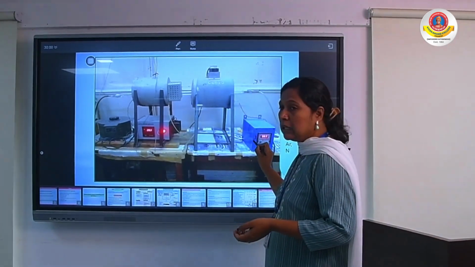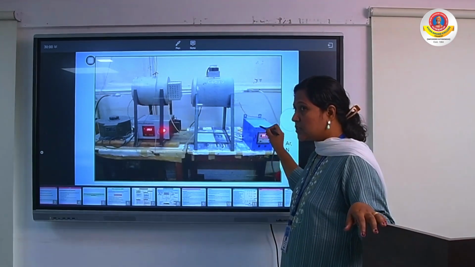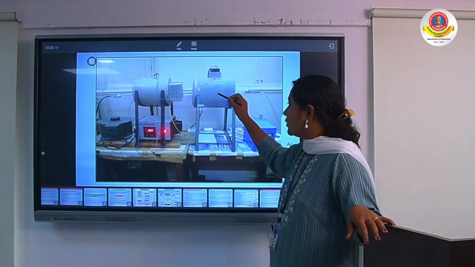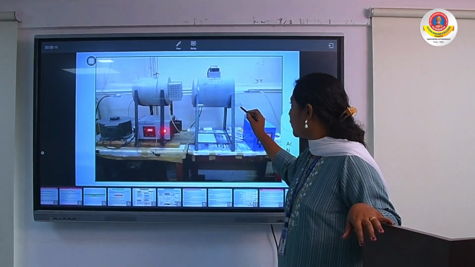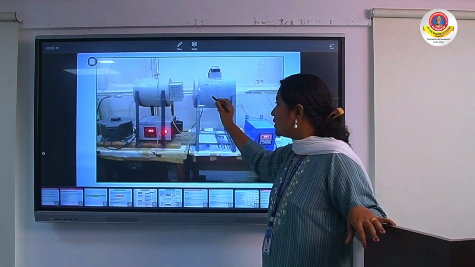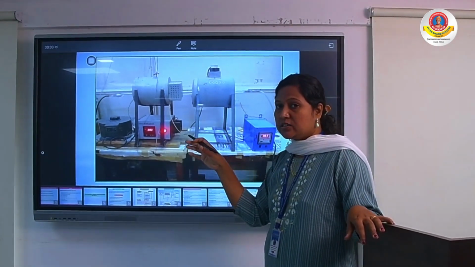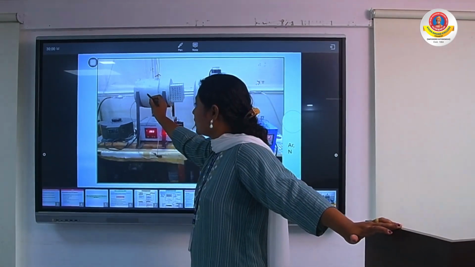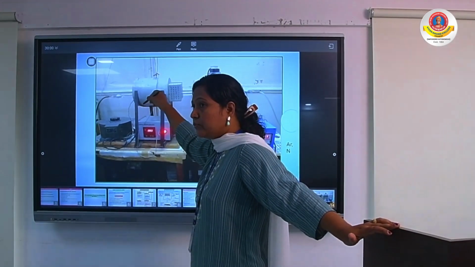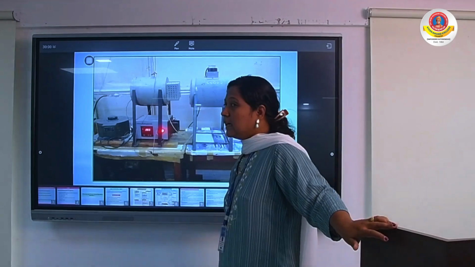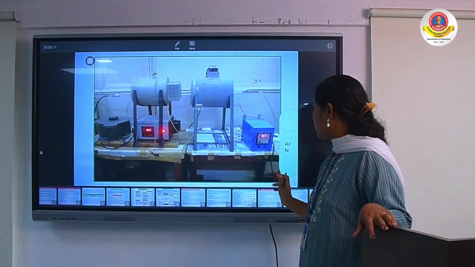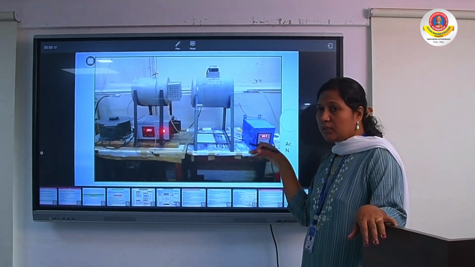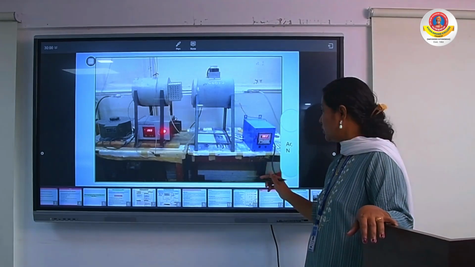Then the temperature is running, and according to the proper temperature, this liquid is vaporized, plasma is created, and this is deposited onto the substrate which is inserted in that container. So this is basically the mechanism of chemical vapor deposition.